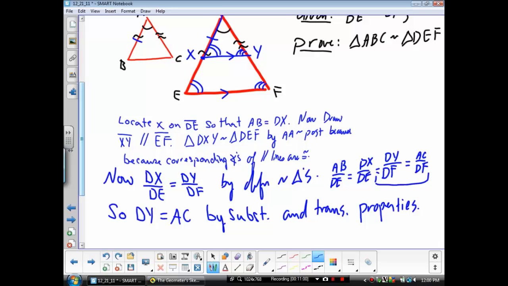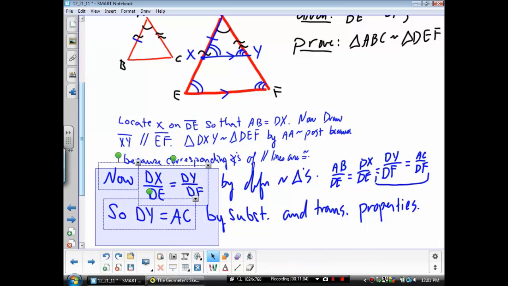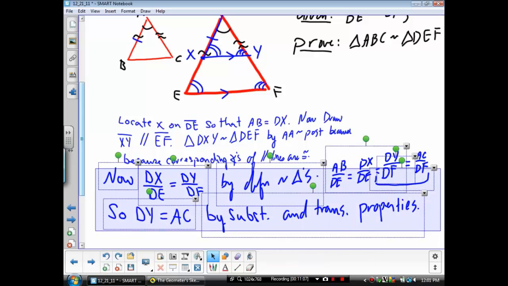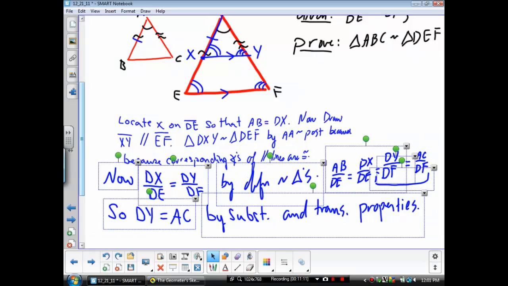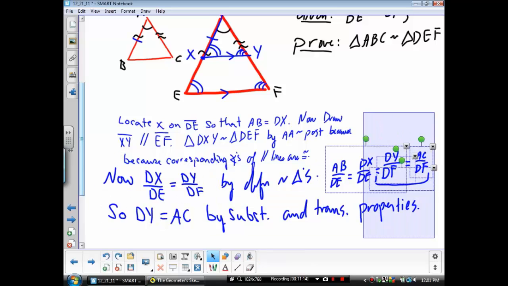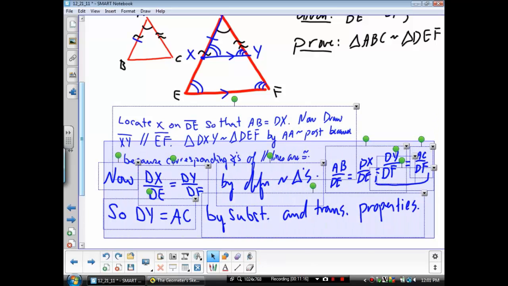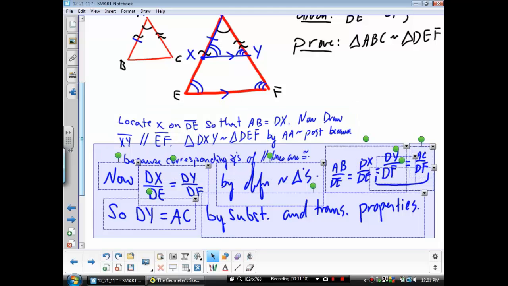Now, if we look at our diagram and what we know about this diagram, I'll shrink this down so we can look at it. Let me look at what I have.